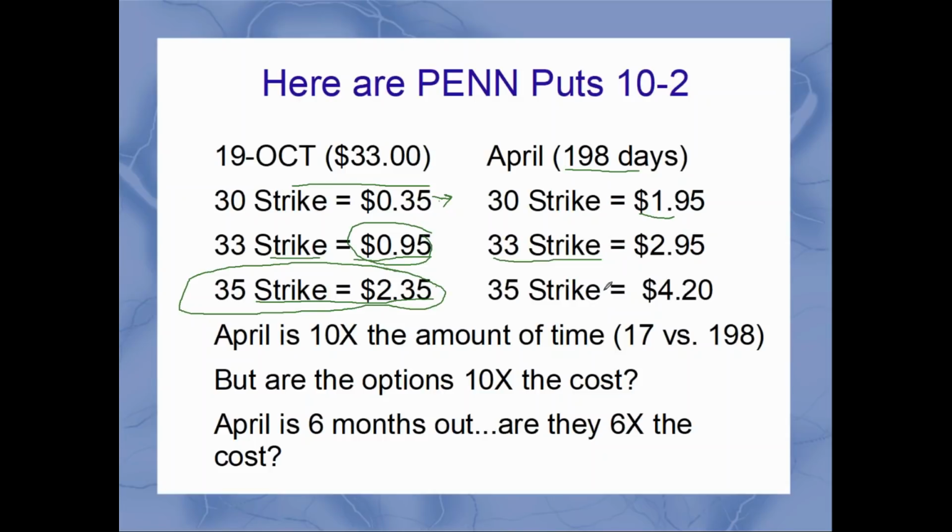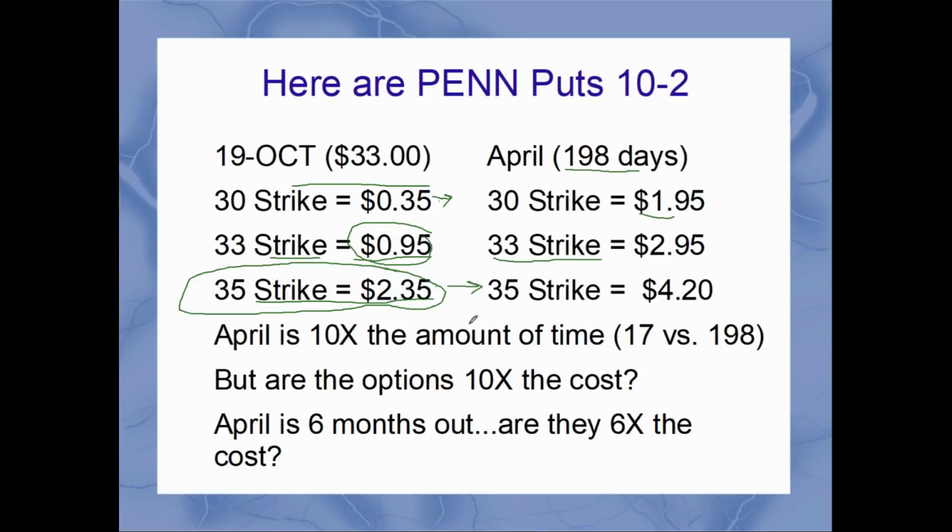It's only about 3 times the cost. And the 35 strike, slightly in the money with the stock at 33, is less than double for almost 10 times the amount of time. It's about 19 days, 17 days versus 198 days out in time.